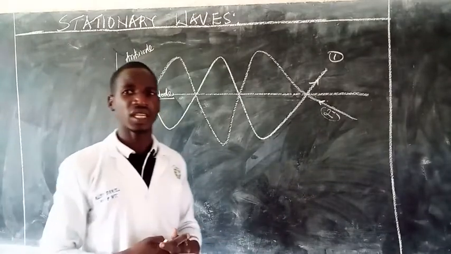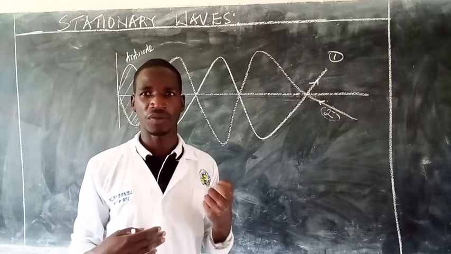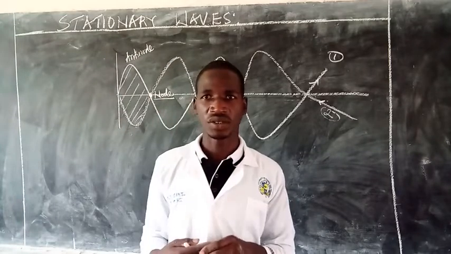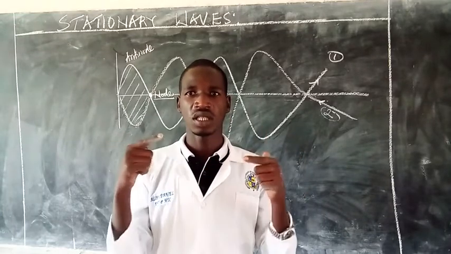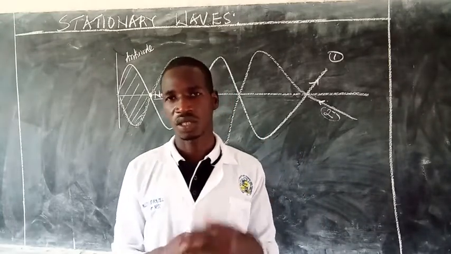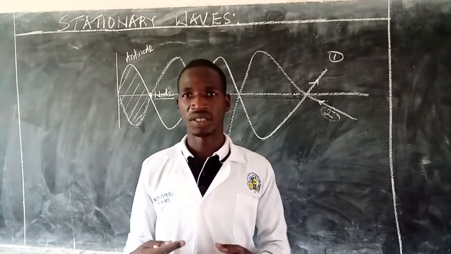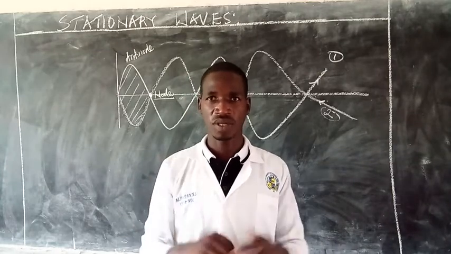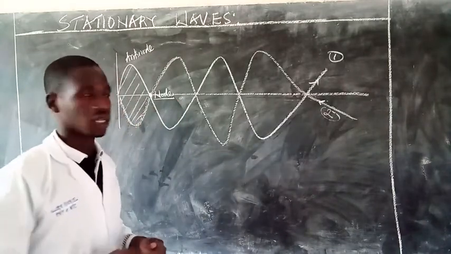So how do we define a stationary wave then? We can say a stationary wave is that type of wave which is formed when two progressive waves of equal amplitude, same frequency, same velocity, traveling in opposite directions superpose or meet, resulting in antinodes and nodes. That would be the definition of a stationary wave.